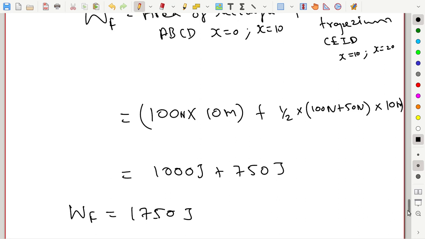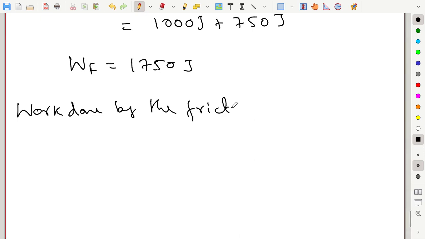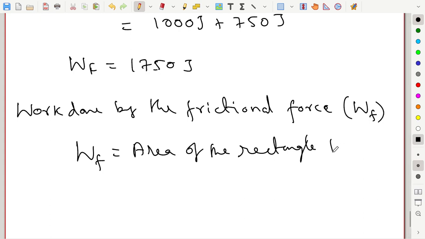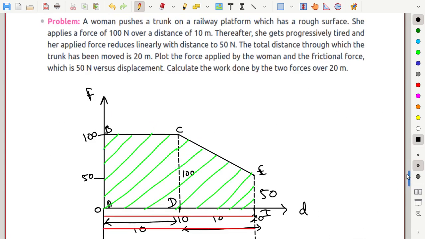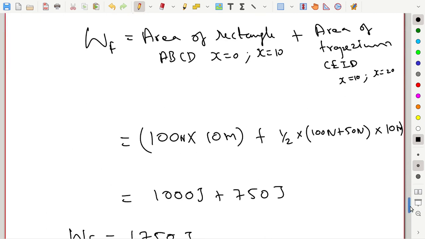In the same period, the floor also does work against the woman's work, so we have to calculate that too. The work done by the frictional force, let me name it W small f, is nothing but the area of rectangle AGHI, which I marked with red shade.